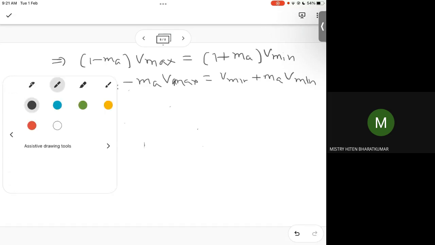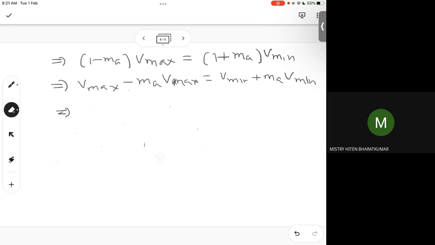Or I could write this as V maximum minus Ma V maximum is equal to V minimum plus Ma V minimum. Let me put one more step for you. V maximum minus V minimum is equal to V maximum plus V minimum times Ma.